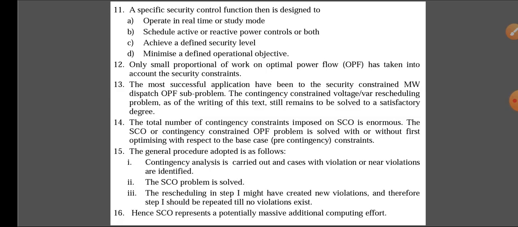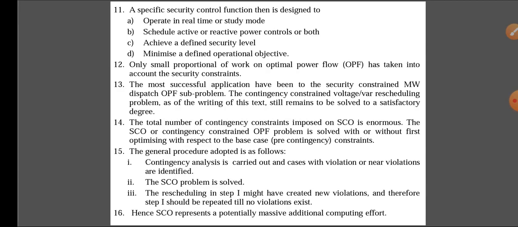It should achieve a defined security level for our power system. And the next point is minimize a defined operational objective. Whatever objectives there are, we always try to minimize them.